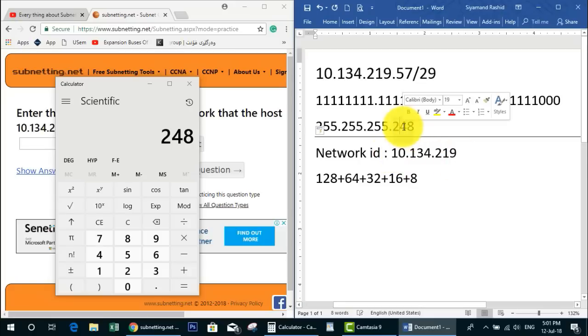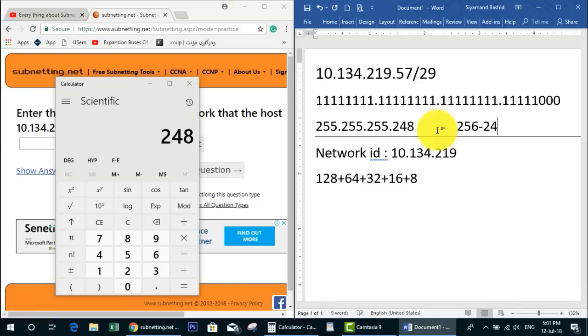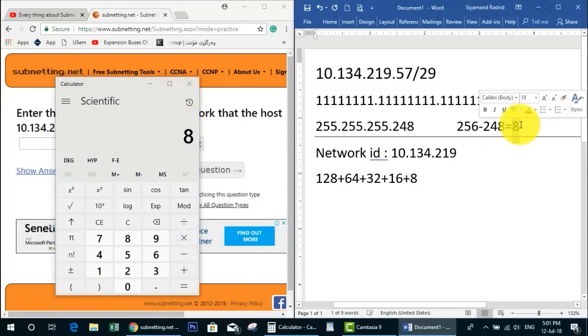For the subnet mask which is not 0 or 255, we have to do a small calculation: 256 minus the subnet mask, 256 minus 248 equals 8. Then we increment the number we get until we pass the IP address.